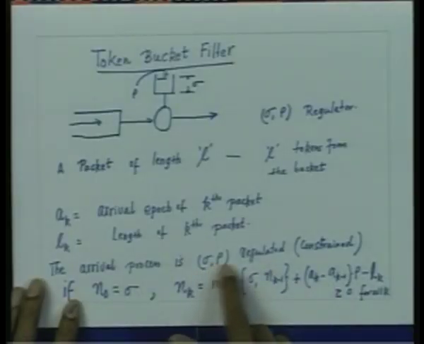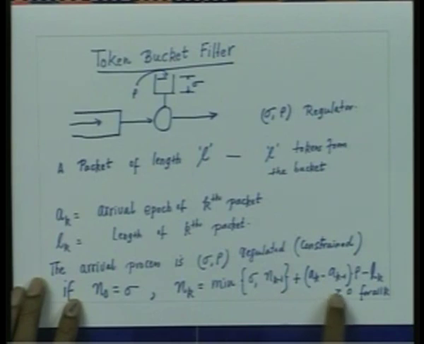So this arrival process would be called sigma rho constrained if this relationship holds good.